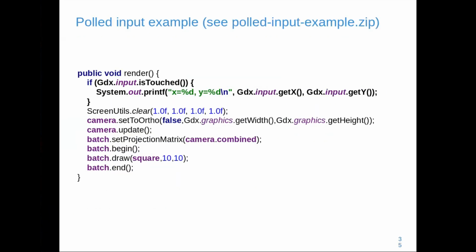To try it out, you can just add this simple if statement. If Gdx.input.isTouched, print out the values returned by Gdx.input.getX and Gdx.input.getY. In the sample project that I provided to you, it's called polled input example.